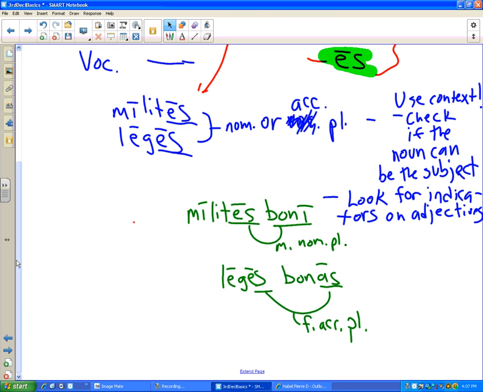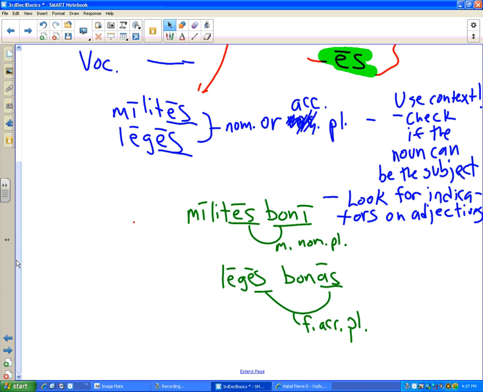It is probably the direct object in the sentence. So adjectives use their old first and second declension endings, even when they're describing third declension nouns, and so they can be valuable indicators of what case a new third declension noun is in a sentence.